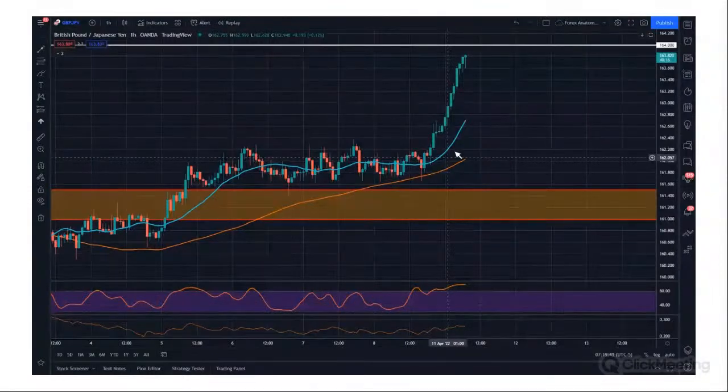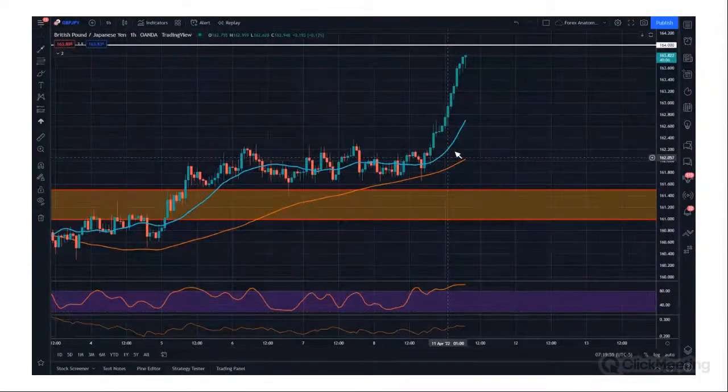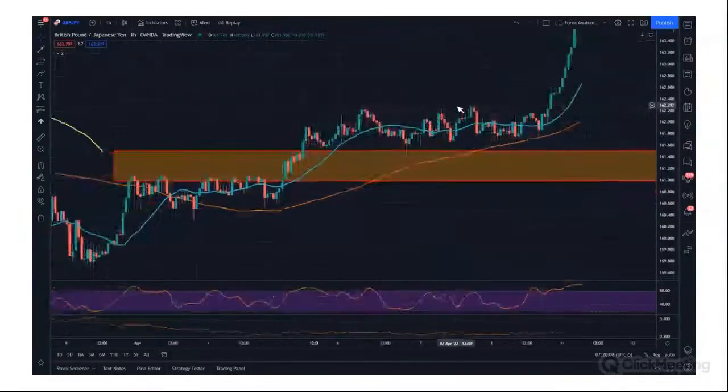Yeah, the GDP data, we saw the pound weaken somewhat, but I knew that was going to be short term. The price was going to do what it had to do, and then it was going to bounce and move higher. There was an opportunity to get in, but I decided to play it safe and not do anything at the moment. But what we can see is that this pair has been moving upwards for a while now.